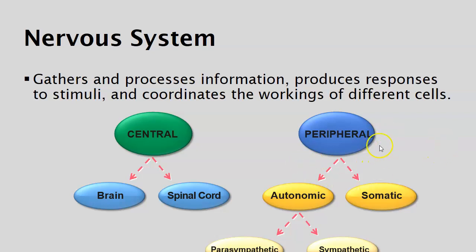So let's focus over here for a little bit on the peripheral. The peripheral nervous system can be divided into the somatic nervous system and the autonomic nervous system. The somatic is usually going to be things that are voluntary. So the skeletal muscular system in our body is what we're really talking about. It's how our body is interacting with external cues or the external environment.